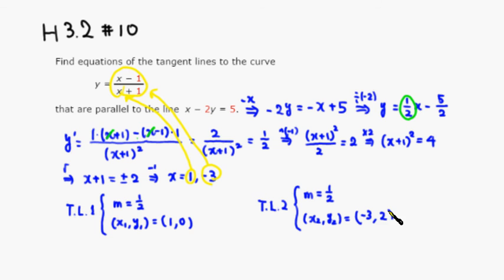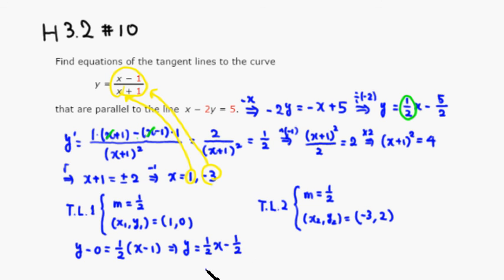Then the equation for the first line would be y minus y1, which is 0, equals the slope 1/2 times x minus x1. We can simplify it: the 0 really doesn't do anything, so it's going to be y, and distributing 1/2, it's 1/2 x minus 1/2.